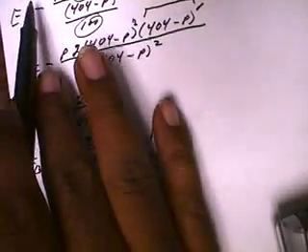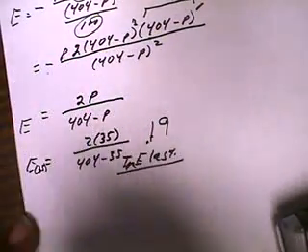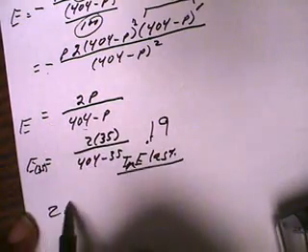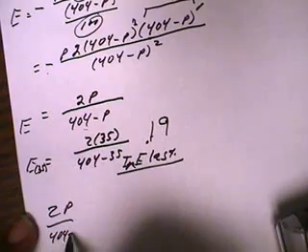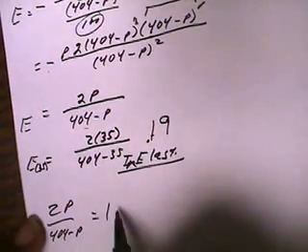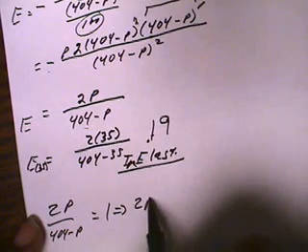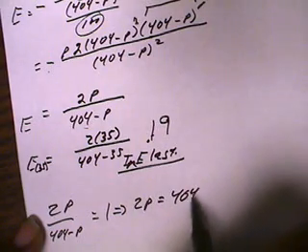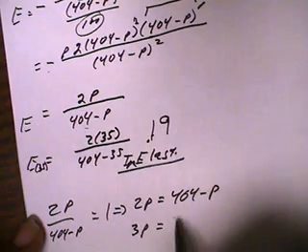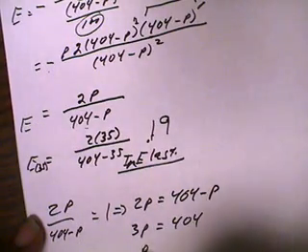Now, what should be the maximum daily revenue? Well, I'm going to take this function right here, my 2p over 404, which is my elasticity formula, set that equal to 1, and solve. So this is going to imply that 2p equals 404 minus p. I add p to both sides. That implies 3p equals 404.